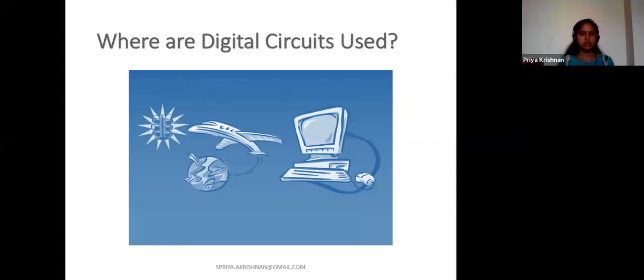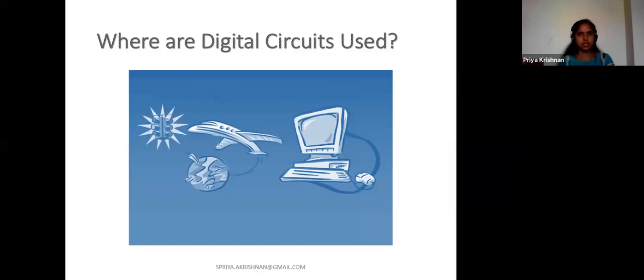So where are these digital circuits used? You can see these digital circuits everywhere, right from the processor present in our mobile phone, or in a computer. In any electronic device, you can find a part of digital circuits present.